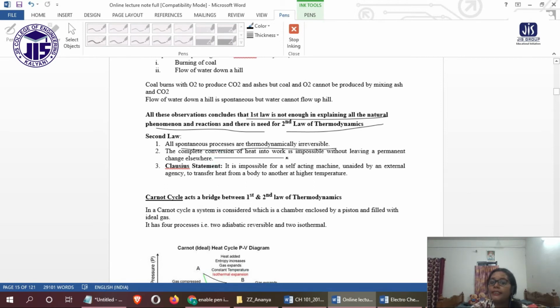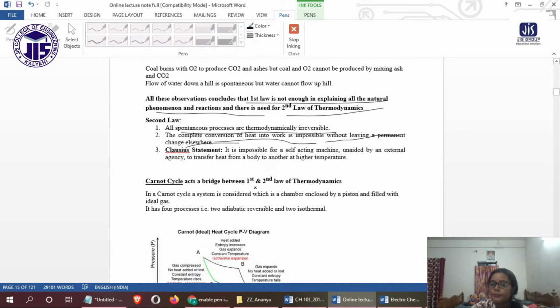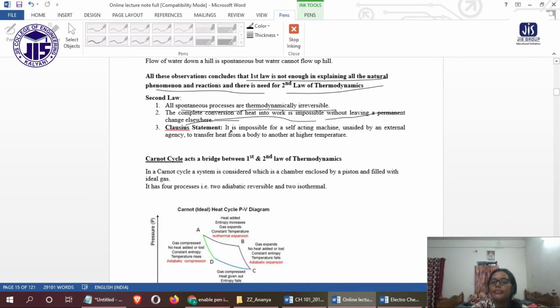The complete conversion of heat into work is impossible without leaving a permanent change elsewhere. According to the Clausius statement, it is impossible for a self-acting machine, unaided by an external agency, to transfer heat from a body to another at higher temperature. So this is the Clausius statement.